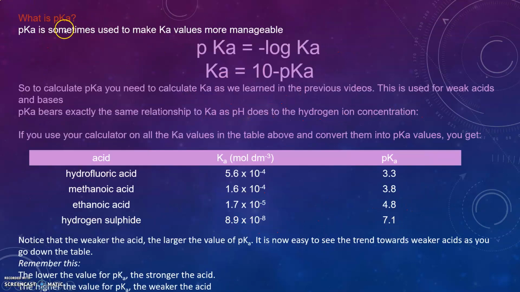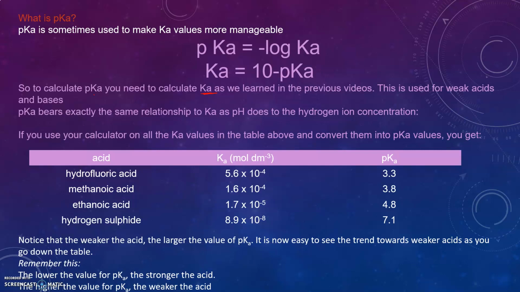But what is pKa? pKa is used to make the value of Ka, which is the dissociation constant, more manageable, meaning more realistic. So pKa equals the minus log of Ka. To calculate the pKa, you need to calculate first the Ka, as we learned in the previous videos.